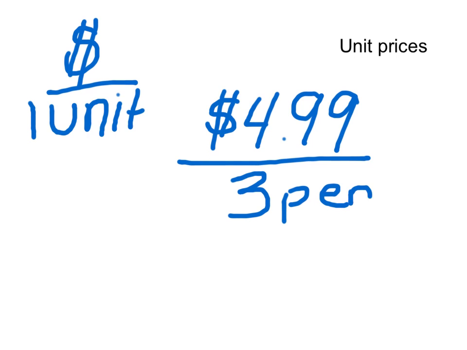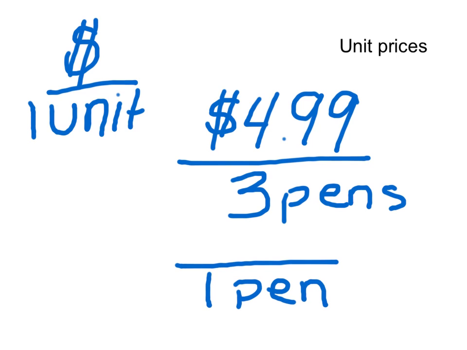So I'm going to simplify to a unit, a single unit. The pens become 1. If I paid $4.99 for 3 pens, what did I pay for 1 pen? I divided the pens by 3, so I need to divide the $4.99 by 3. And I come up with $1.66. So my unit price is $1.66 per pen.